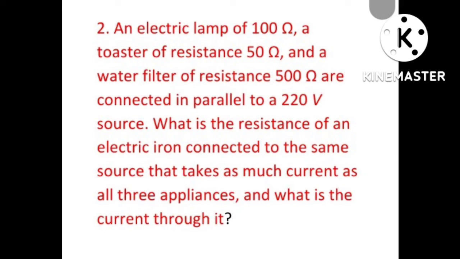Here it is given that the 3 resistors, that is 100 ohm, 50 ohm and 500 ohm, are connected in parallel to a 220 volt source, and an electric iron is also connected to the same source. We have to calculate the current.